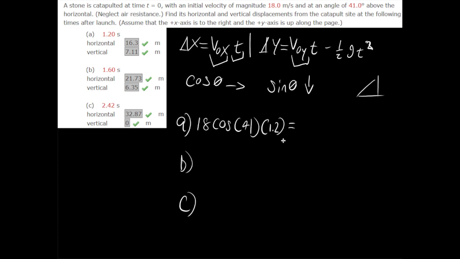And that is 16.3. Same thing with B, it's going to be 18 cosine 41 times 1.6.